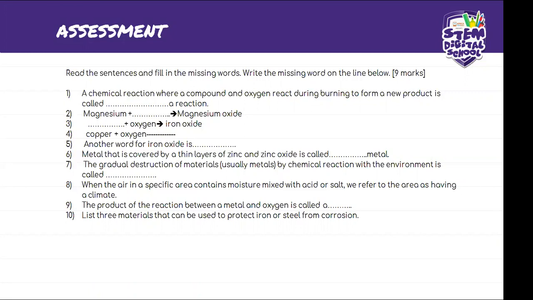The product of the reaction between a metal and oxygen is called, yes. List three materials that can be used to protect iron or steel from corrosion. So let's get on going with our answers.